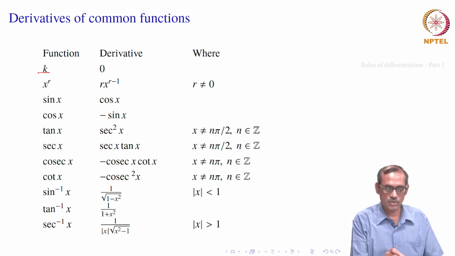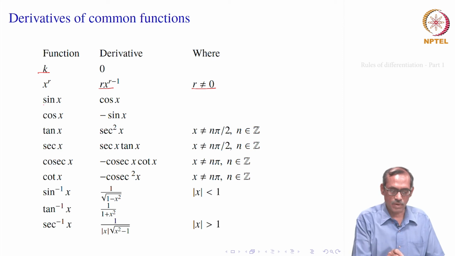If it is x to the power r, then it will give r x to the power r minus 1 where r is not 0. If r is equal to 0, it is of course 0, but it looks absurd to apply it here. Of course, it is coming from there. It is not a particular case, but as a mnemonic it is so. So, x to the power r is r into x to the power r minus 1.